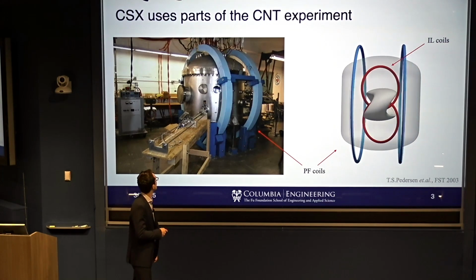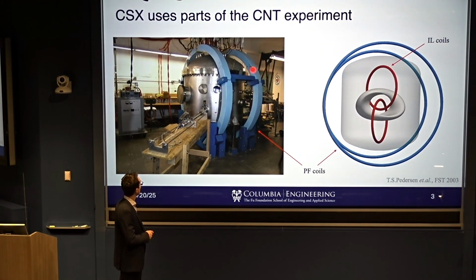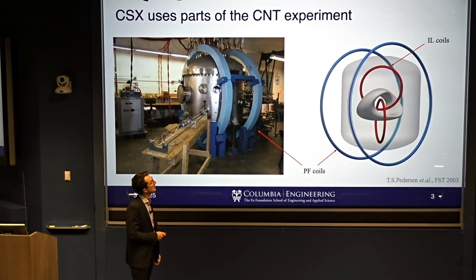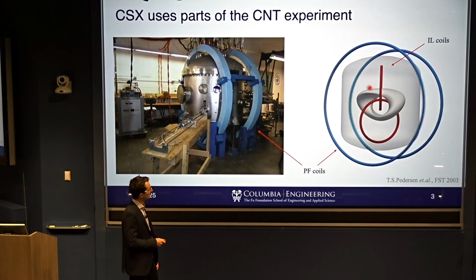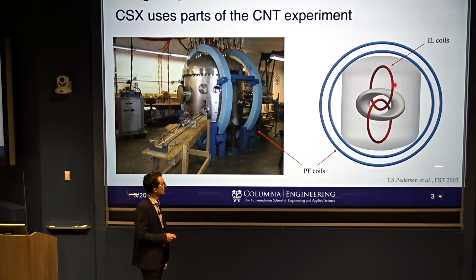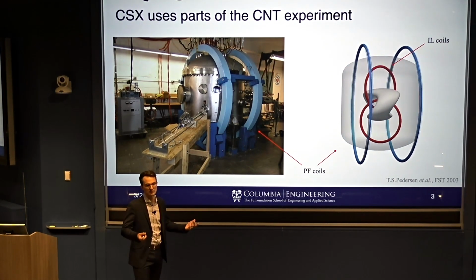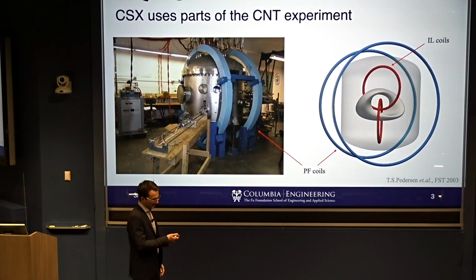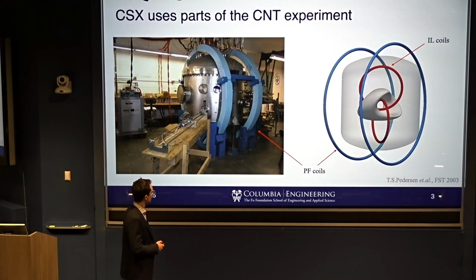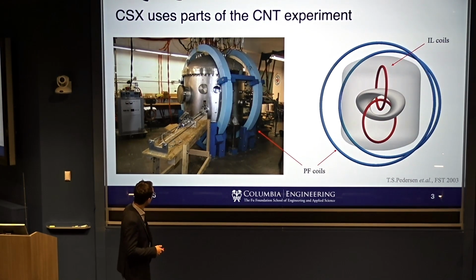And then we have the vacuum vessel. This vacuum vessel is slightly particular because it's not conformal to the plasma boundary that you can see on the right. Inside this vacuum vessel, we have two additional coils that we call interlinked coils because they are interlinked. And these are also planar copper coils, and they are water-cooled.